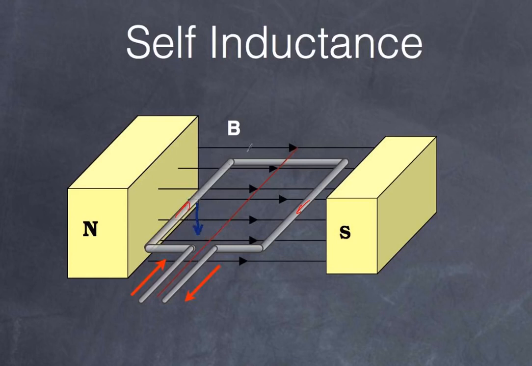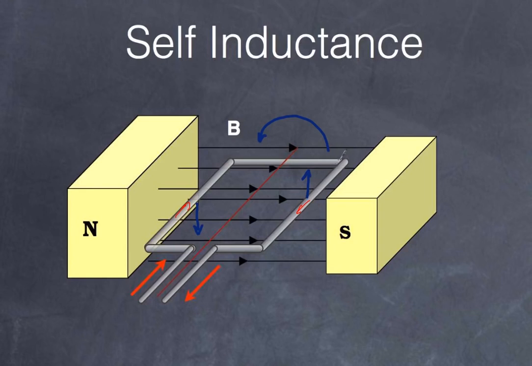This section will receive no force whatsoever because the wire is parallel to the field. This section over here has current in the opposite direction, so the force will be upwards. As a result, this loop will turn in a counterclockwise direction. So far so good. That is what a motor is all about.